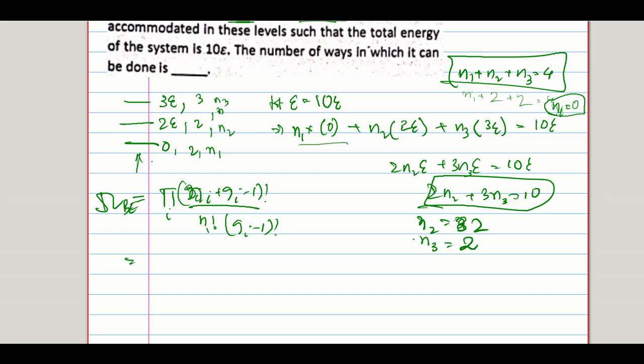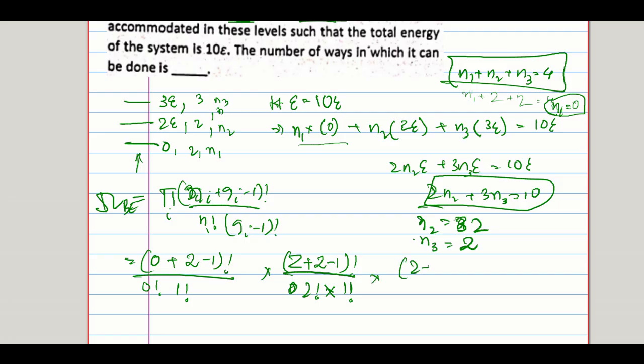For the first energy level, how many particles? n1 is 0, plus gi, which is 2, minus 1 factorial, over 0 factorial into 2 minus 1 factorial. Into, for the second state, n2 is 2 plus the degeneracy, 2, minus 1 factorial, over 2 factorial into 1 factorial.